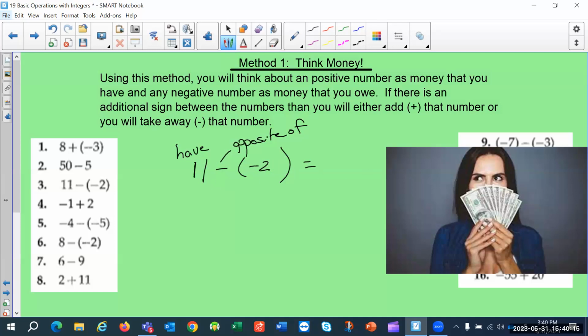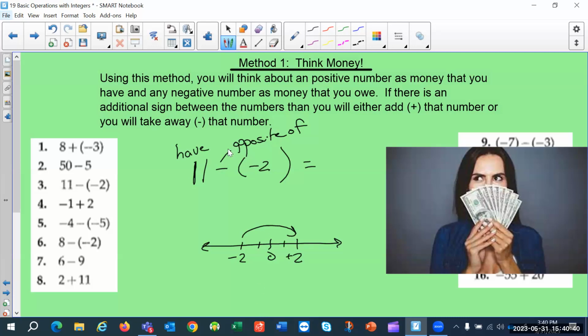So you have an 11 and you're taking the opposite of -2. Well, what number is the opposite of -2? What is the number over here that is exactly in the same place? Well, it's +2.